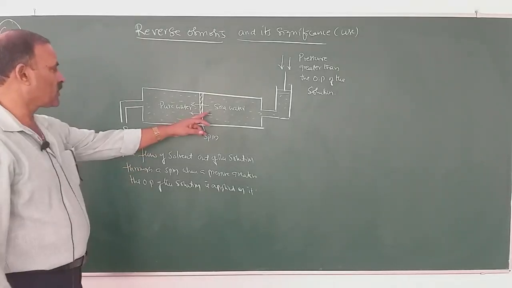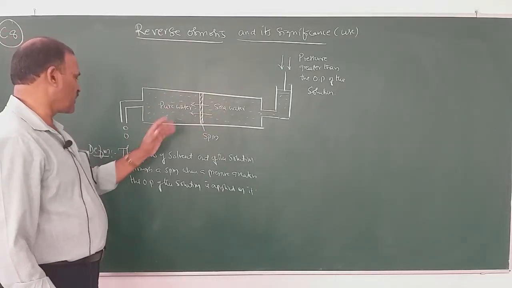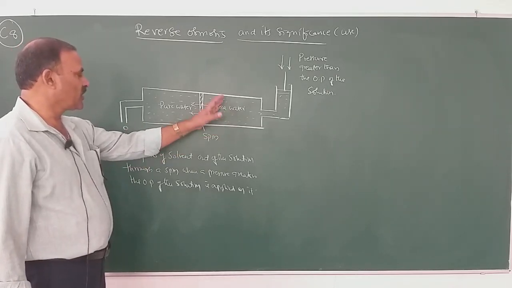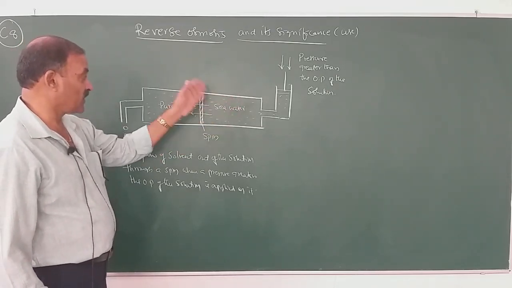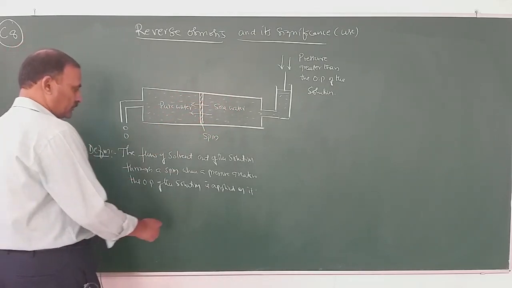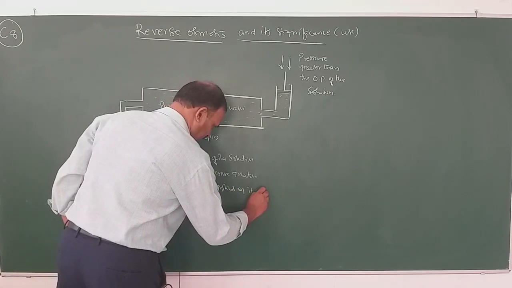The flow of solvent out of the solution through a semi-permeable membrane when a pressure greater than the osmotic pressure of the solution is applied on the solution is called reverse osmosis.